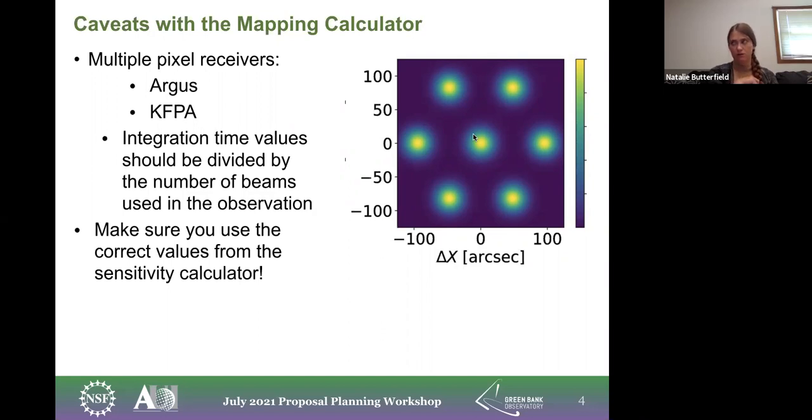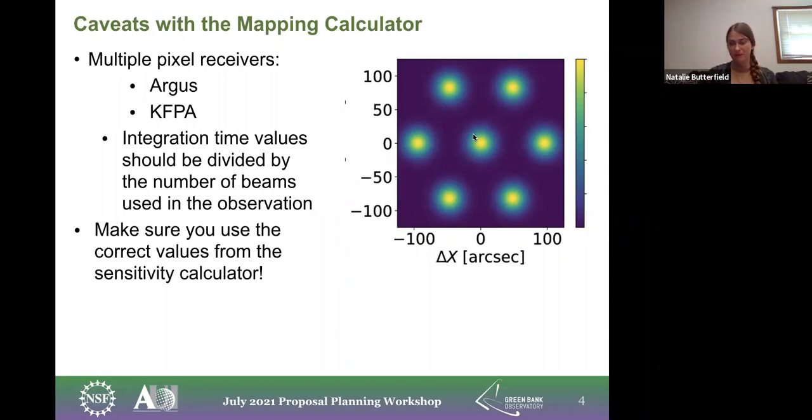So why would you want to do this? This is because as you're mapping over a large region of your target source, each one of the beams will be passing over most of that region each time.